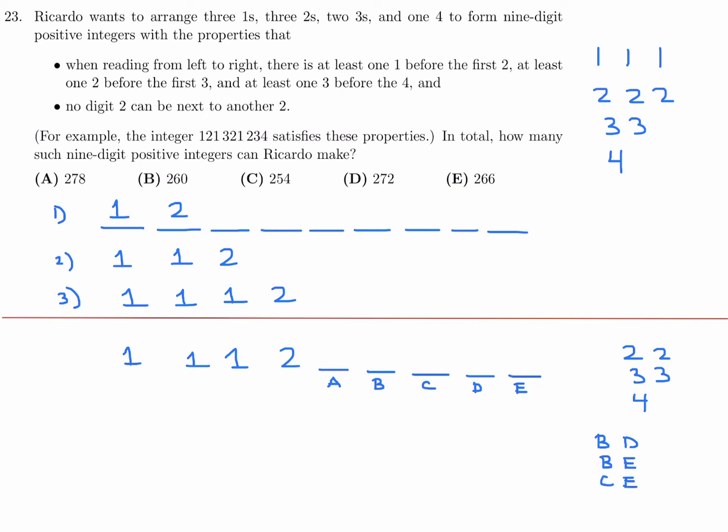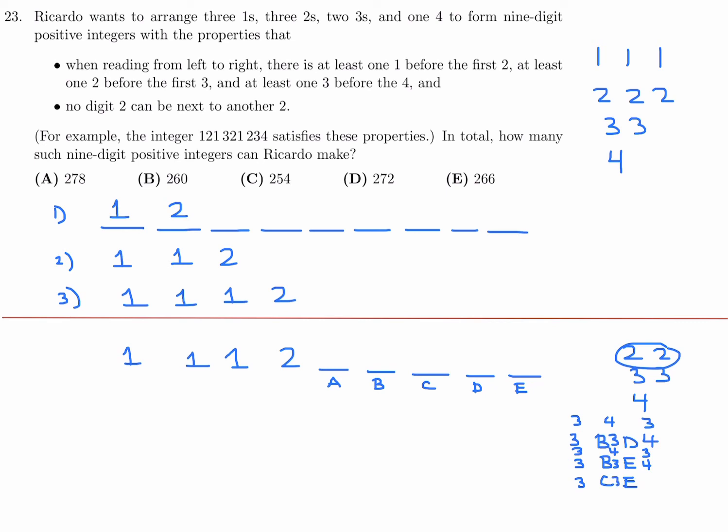or C and E, right? And in that case, we have to now place the other 3 numbers, and the other 3 numbers can be placed as follows. It can be 3, 3, 4, or 3, 4, 3. Similarly, this can be 3, 3, 4, or 3, 4, 3.